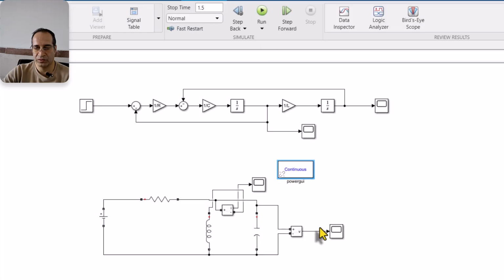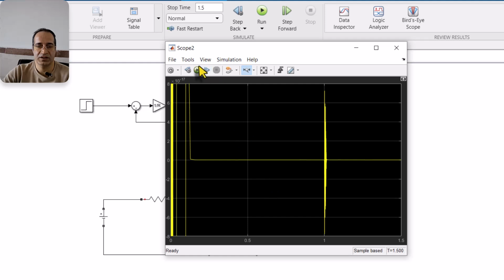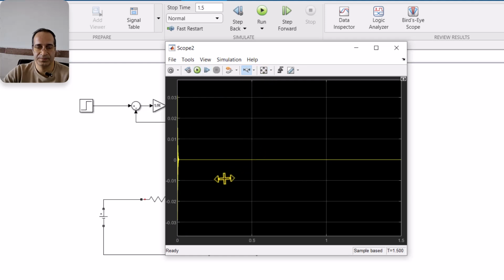We have to get the same response from this circuit diagram and this block diagram. Over here again, let's check the results. Okay, this time the response is correct. The only difference with this one is that the input voltage VDC comes in at time 0, but in this circuit it comes in just at the second one.